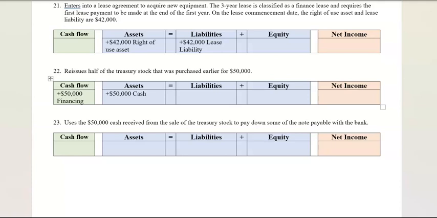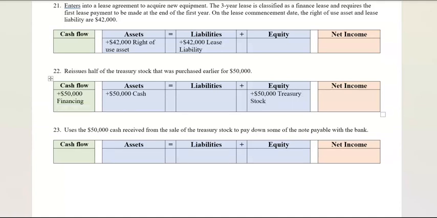It's reissuing shares of common stock, but because when we bought them, we recorded them as treasury stock, now what we're going to do is reduce the contra equity account treasury stock. So we are going to increase stockholders' equity by $50,000 using the account treasury stock.